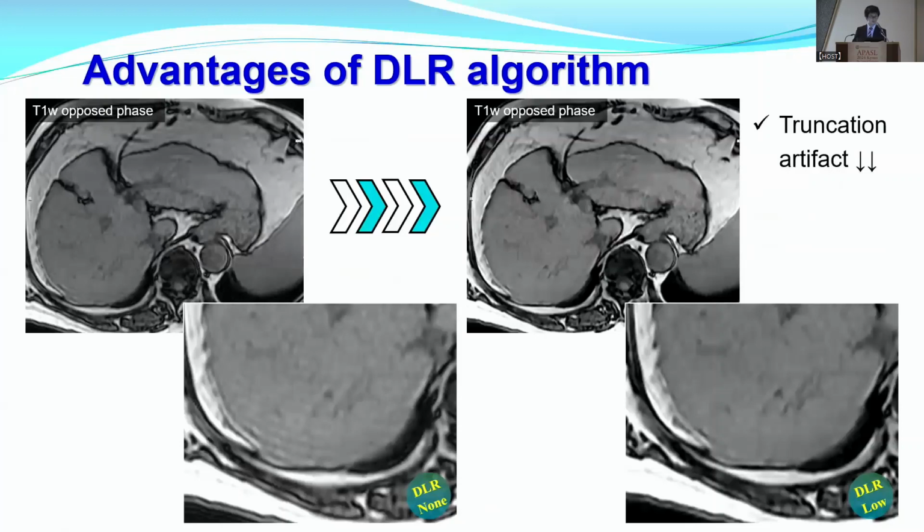I will show some clinical cases with liver MRI. This is a T1 opposed phase image obtained from a patient with cirrhosis. Before applying deep learning reconstruction, truncation artifact is prominently observed in the periphery of the liver. After deep learning reconstruction is applied, truncation artifact is dramatically reduced and seems to disappear.